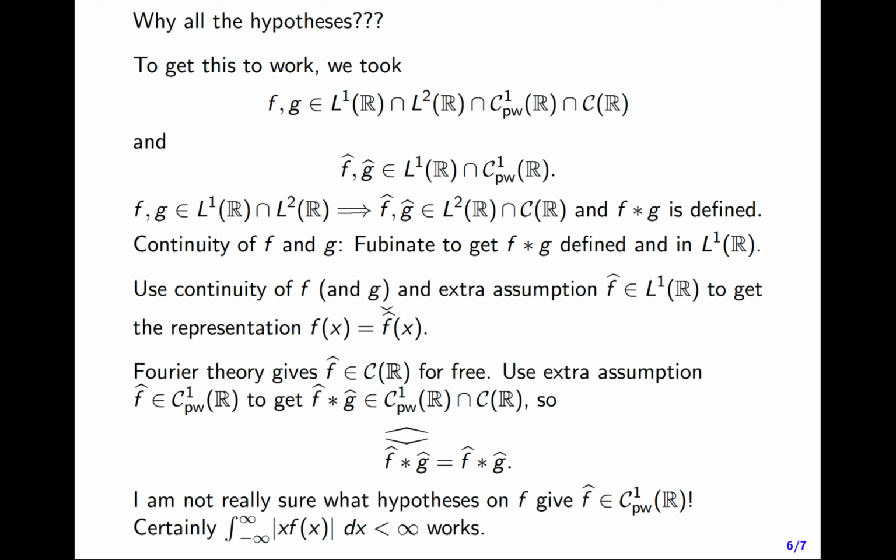If that holds, then surely f hat is continuously differentiable, but that's kind of a strong assumption. Maybe it's overkill, maybe it's not. So let me apologize sincerely for the mess of all these hypotheses, that we need to invoke all of our inverse Fourier transform theory and all of our existence theory for the convolution.